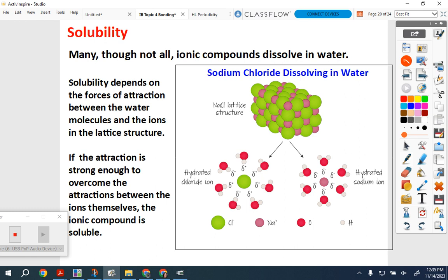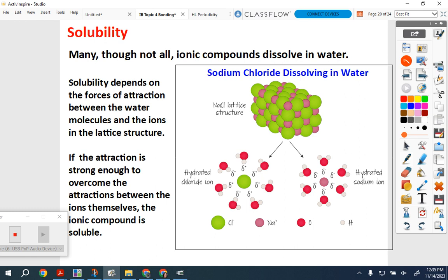It's going to swamp out that lattice structure, and each individual ion, the sodium ions and the chloride ions, for example, are going to be mobile in a solution, which means something that we'll talk about in a second.